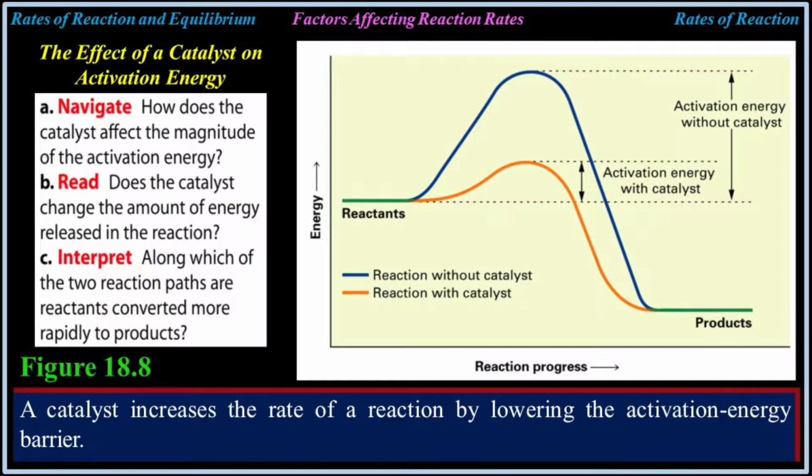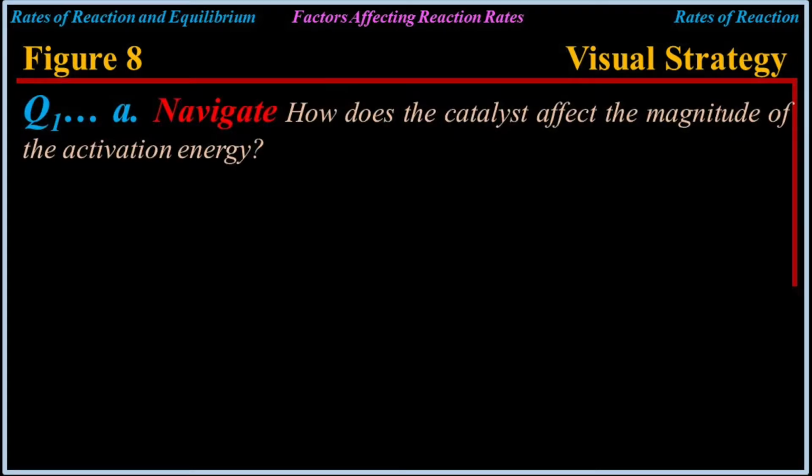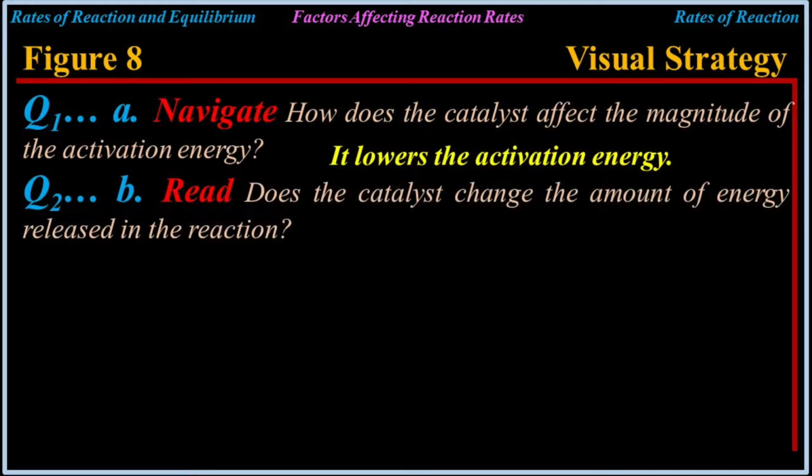This is figure 18.8, visual strategy. We'll ask a few questions now. Question 1, navigate: How does the catalyst affect the magnitude of the activation energy? It lowers the activation energy. Question 2, read: Does the catalyst change the amount of energy released in the reaction?